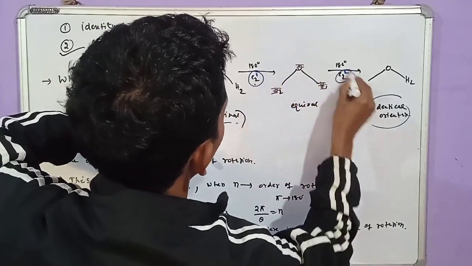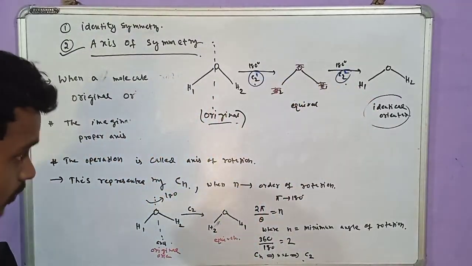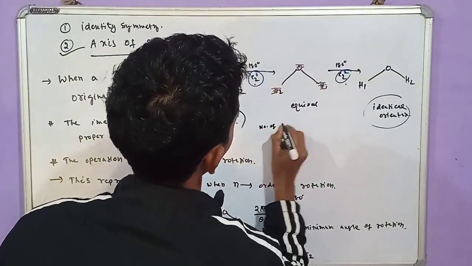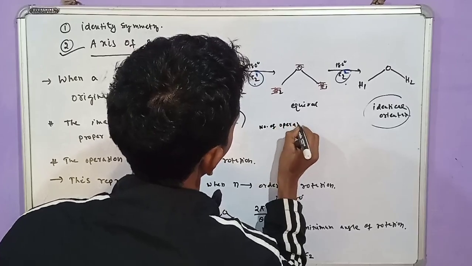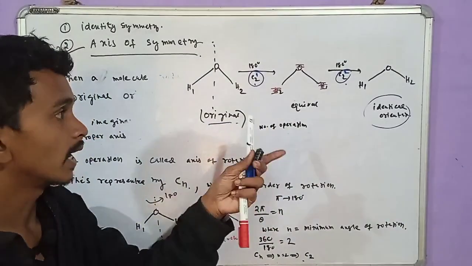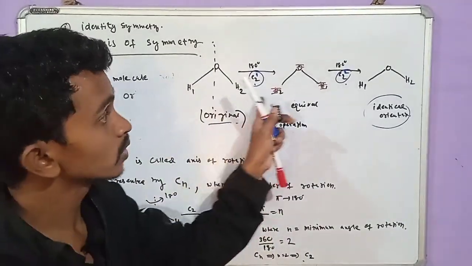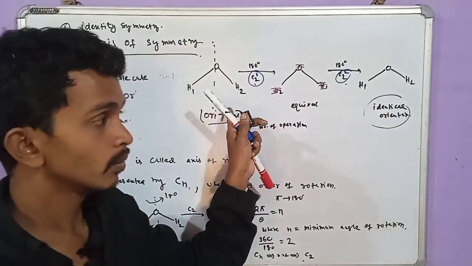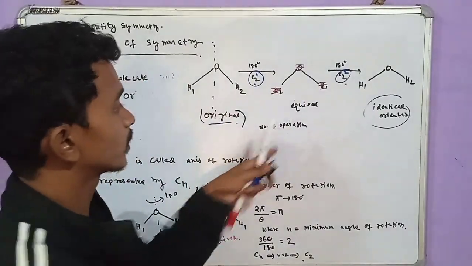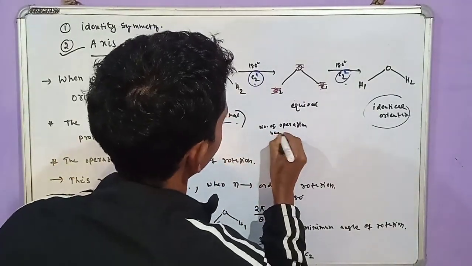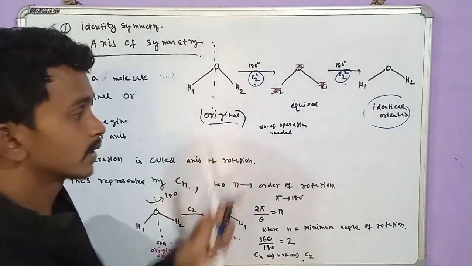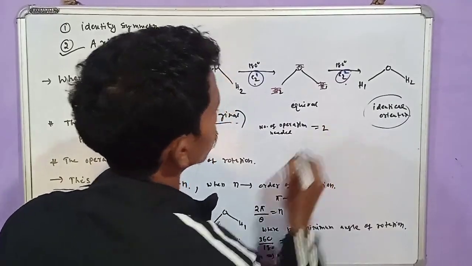This is 1 time, this is 2 times. So the number of operations needed to get the identical molecule is 2.